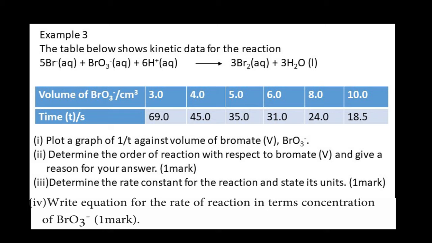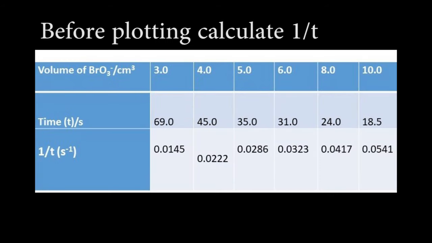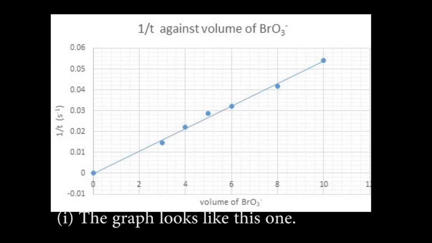Determine the rate constant for the reaction and state its units. 4. Write the equation for the rate of reaction in terms of the concentration of bromate 5 ions. Before plotting, calculate 1 over t and fill it in the table below.